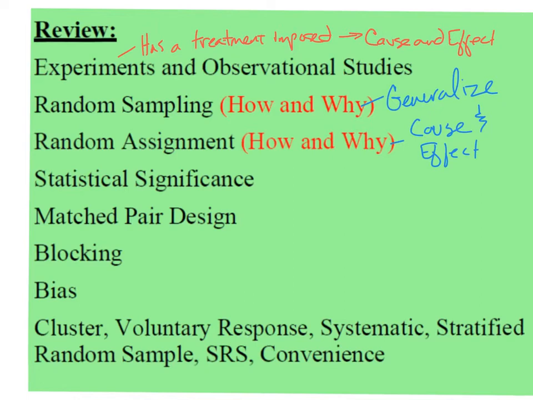Statistical significance. Now, this term has grown since we last talked about it, because when we talked about it in experiment design, it really came down to the fact that the observed effects that we see can't just be due to chance. We see a difference between the group that got the drug and the group that got the placebo, and that difference is enough that we say the real drug must have caused it.